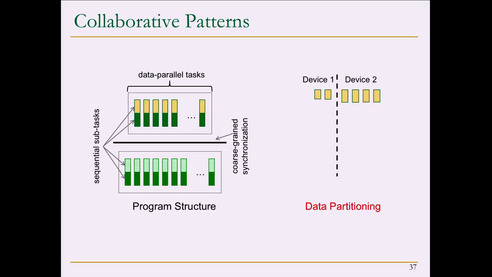In case these 2 devices are different, just as CPUs and GPUs are different, they might be faster or slower executing this data parallel task or these subtasks. So that's why you see in the slide that this particular yellow subtask is shorter in device 1 than in device 2. When the yellow subtask is completed, then the threads, CPU threads or GPU threads, execute the green one. And they continue executing them until all the data parallel tasks have finished.